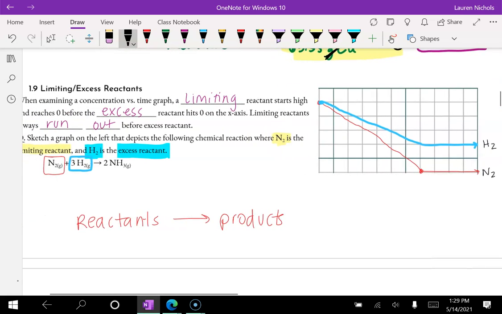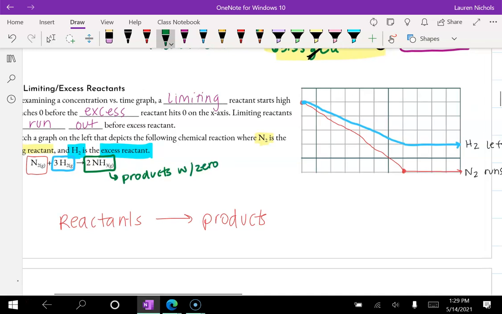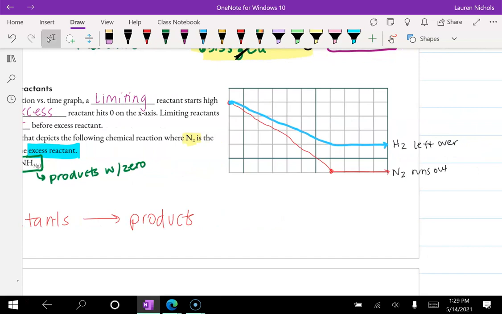Now, if we want to look at our product, NH3, because it's a product, products start with 0. You don't have any at the very beginning because you haven't started. And so a product is going to start increasing, but as soon as it gets to the part where your limiting reactant runs out, that means you can't make any more.